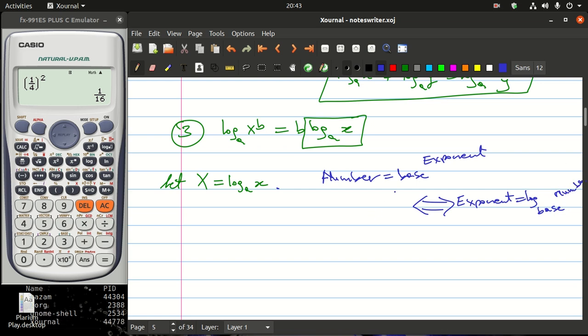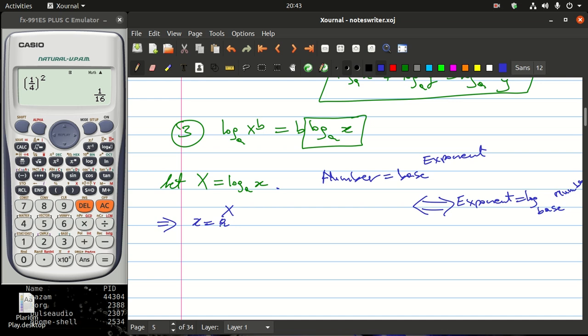Now that we have this, we're going to change this one. The number is going to be x equal to the base a raised to the exponent X. So we have this nice thing that is there.